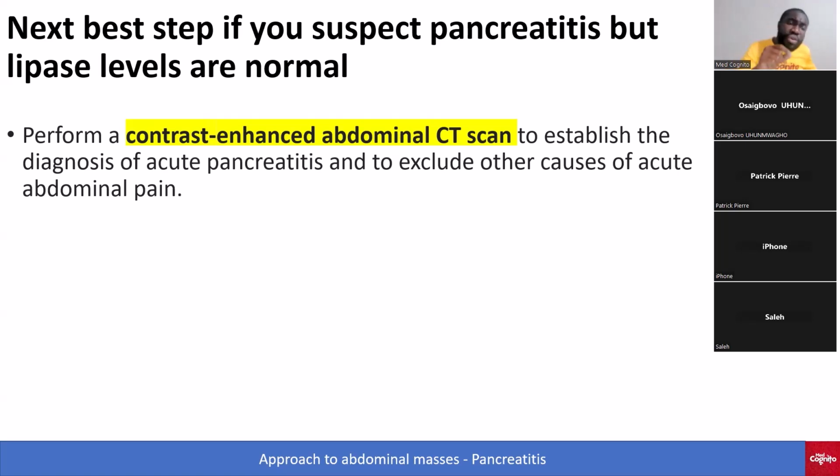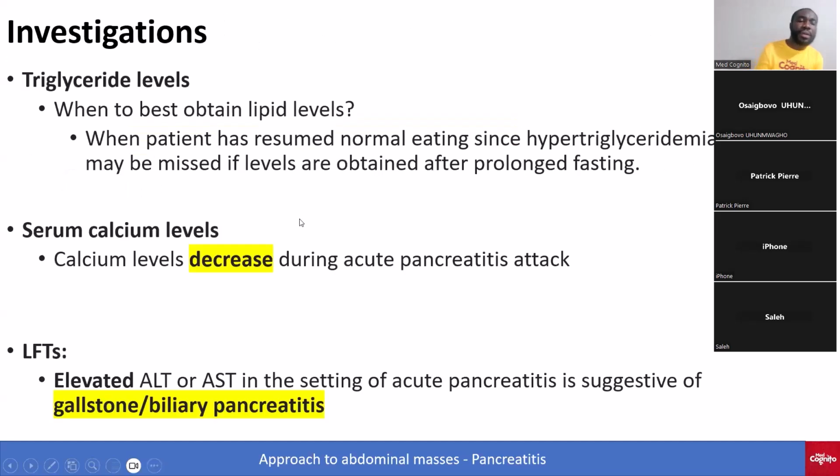But when are we going to do contrast-enhanced abdominal CT scan? It is when we suspect that the patient has pancreatitis, but the lipase levels are normal. Then in that situation, you want to request a contrast-enhanced abdominal CT scan. Okay. Thank you. Good.